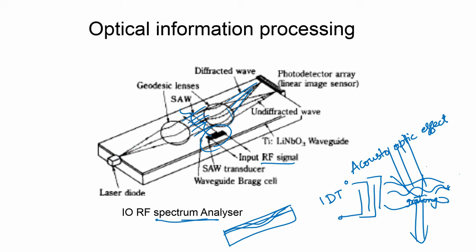Of course, you have a planar waveguide here on which you have made all these components, and the input light is spread across the grating region and is redirected into a photodetector array, and we apply the RF signal to be analyzed to this IDT pattern. And this is not a simple grating, it has a complicated grating of some arbitrary shape based on the RF signal. So, you can say that this is a superposition of several gratings.